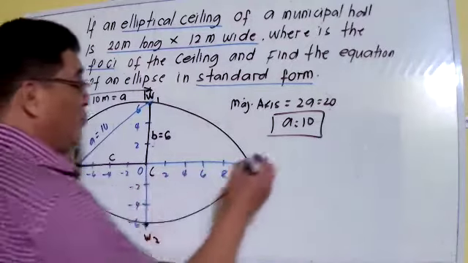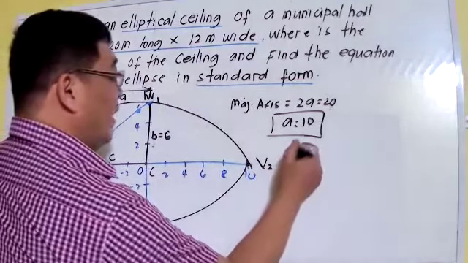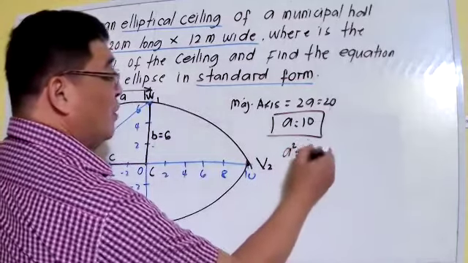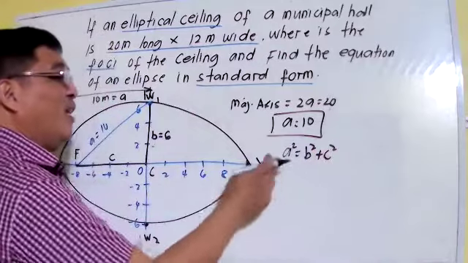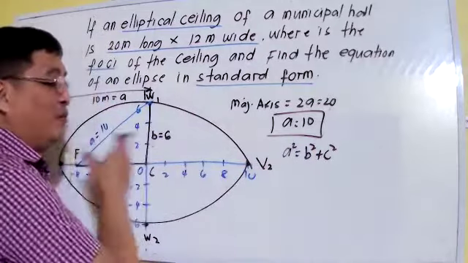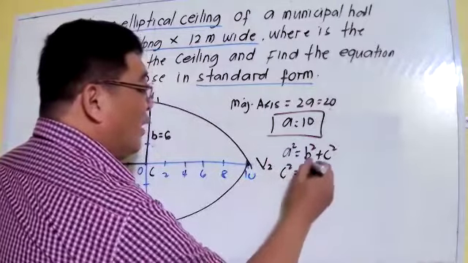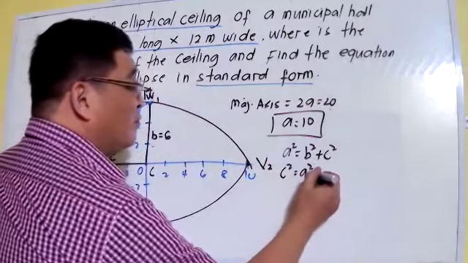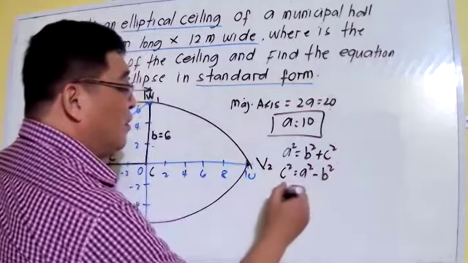To find c, a square is equals to b square plus c square. Ilagay ko kasi dyan yung a square kasi it is the longest pagdating sa ellipse. So to find c, c square is equals to a square minus b square.